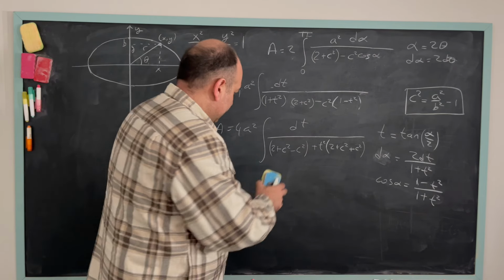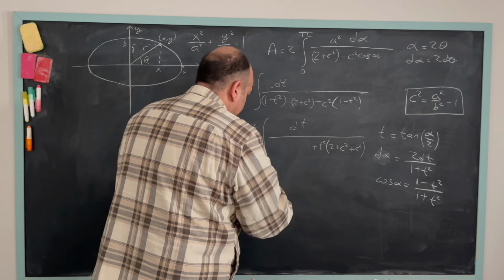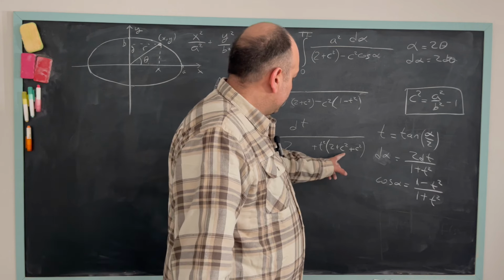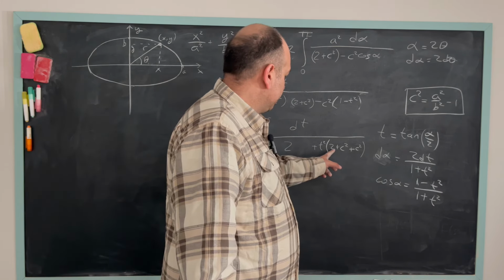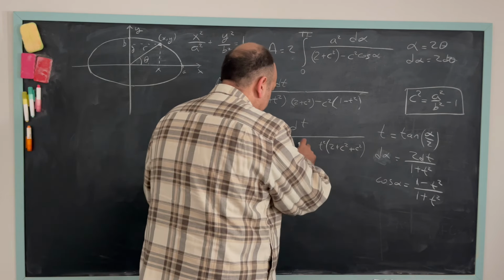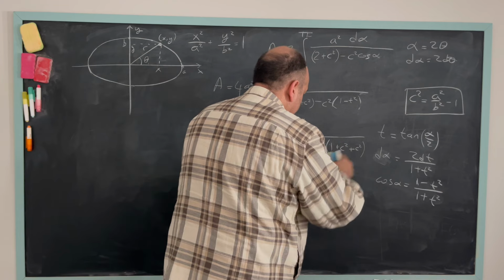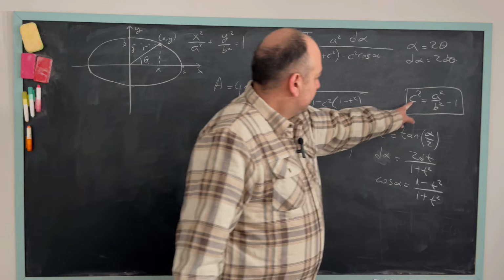So what is this? So 2 plus c squared minus c squared is equal to 2. So I have 2 here. So what is 2 plus c squared plus c squared? 2 plus 2c squared. So I can put a factor of 2 out. So this becomes 1 plus c squared, right? But what is 1 plus c squared?